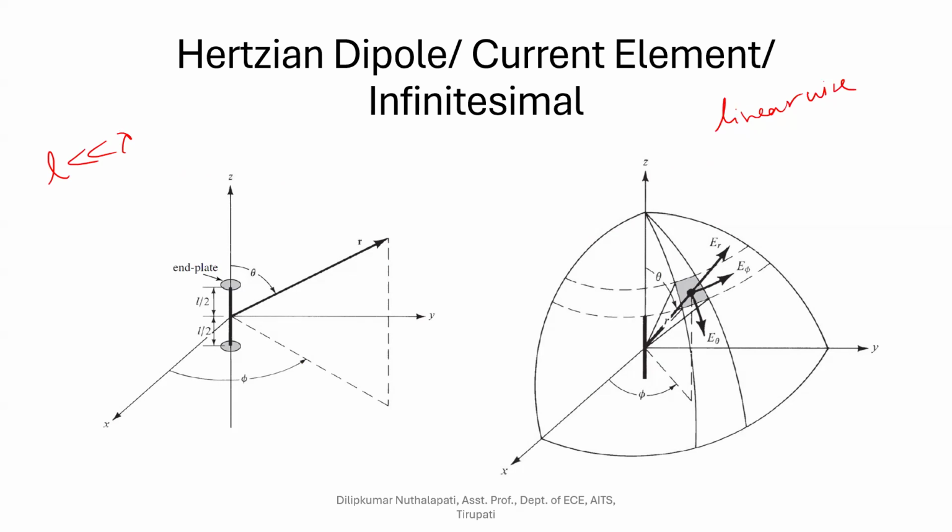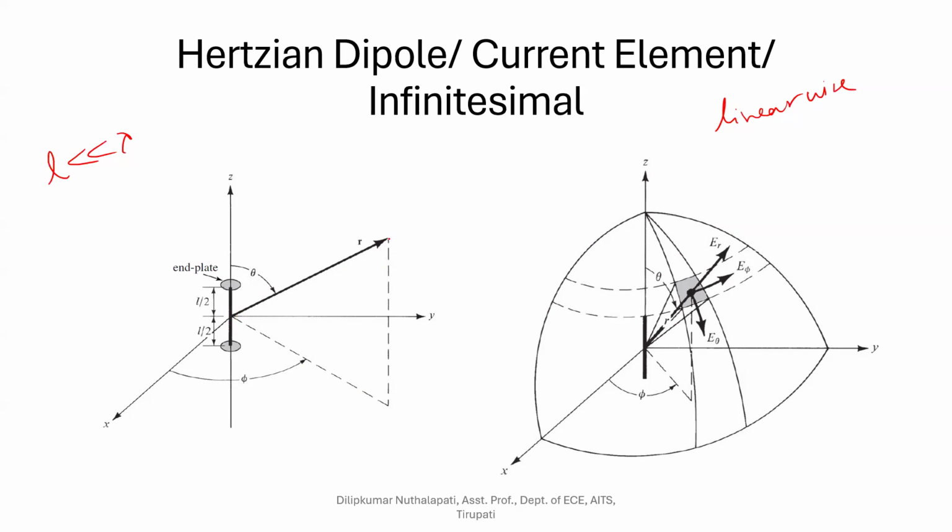In the figure, you can see the dark portion placed along the z-axis. The current flows inside the small element and is assumed to be constant along its length. We have placed the antenna such that 50% of the length is on the positive z-axis and the remaining portion on the negative z-axis.